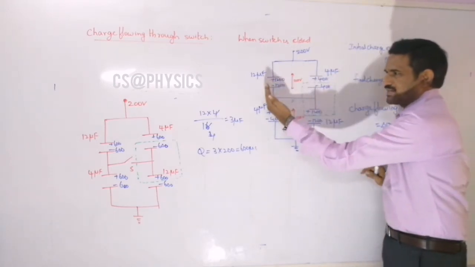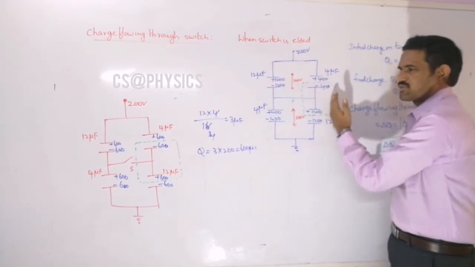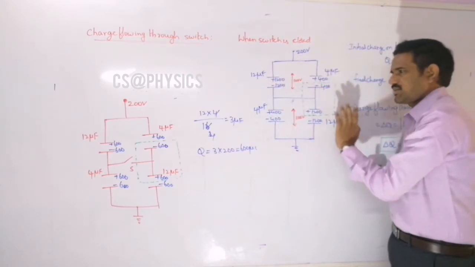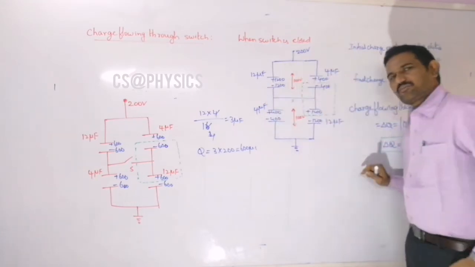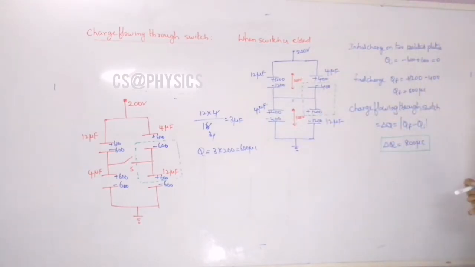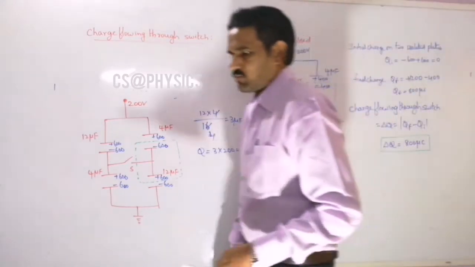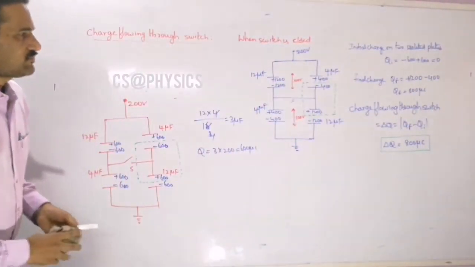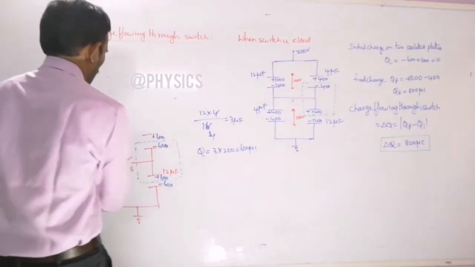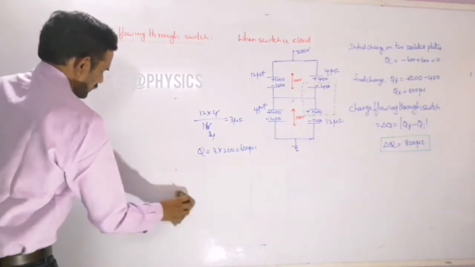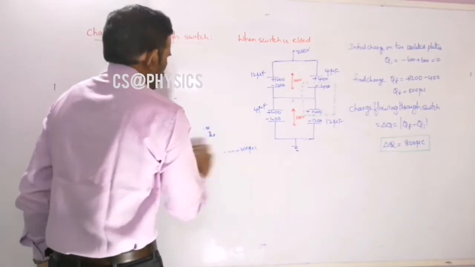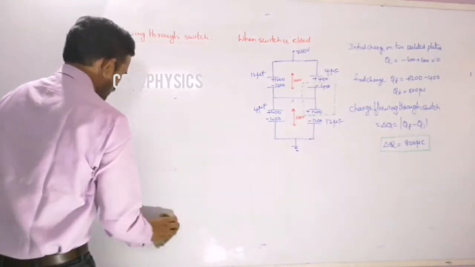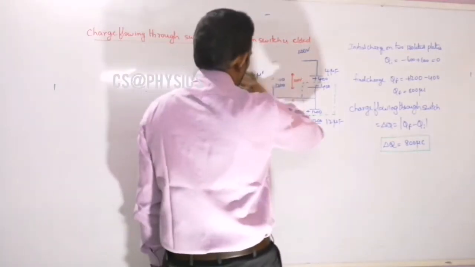From this side 800 coulombs is flowing from this side to this side, so that this side gets plus 800 and here you will get minus 800 coulombs, right? So that is the way of solving this type of questions here. I will give a simple question based on that. Just initial and final charges you need to calculate for all these switch type problems.